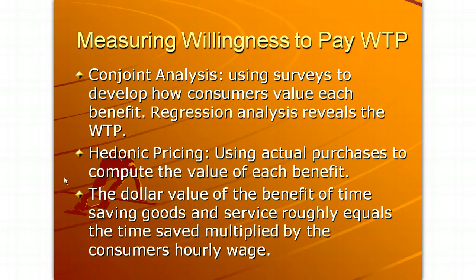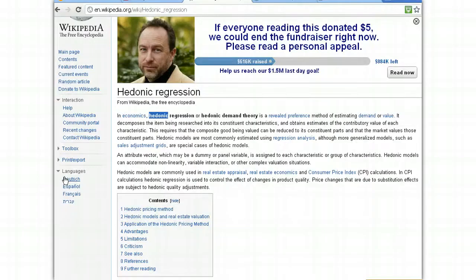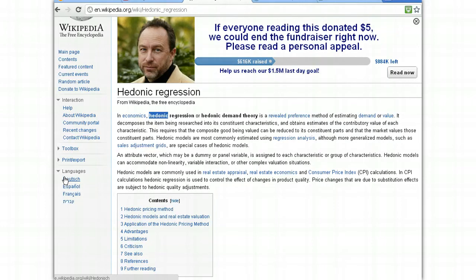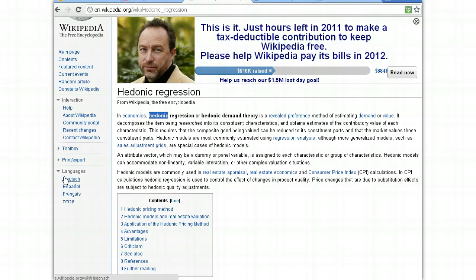Okay, there's also hedonic pricing, and first you have to understand what hedonic pricing is. Wikipedia actually has a good definition of this. In economics, hedonic regression, or hedonic demand theory, is a revealed preference method of estimating demand or value.